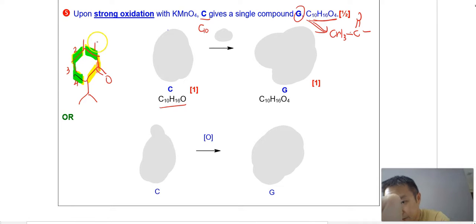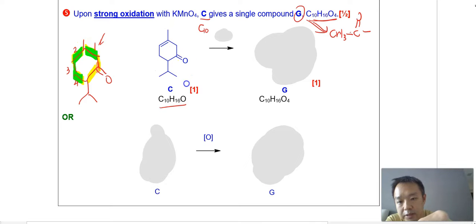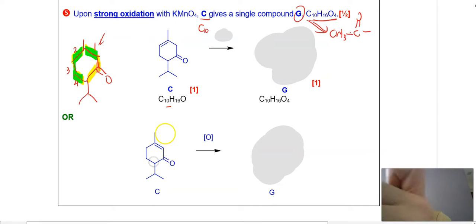Position 1: if you put a double bond over here, you can imagine when I break this, I get a methyl ketone functional group over here. Or I have my double bond over here, and when I break this, I also get a methyl ketone over here. So there are two possible structures for C. As I mentioned, position 1 and 2 are the two possible positions. So this is position 1, this is position 2.